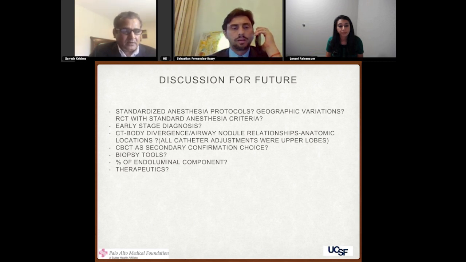Did we actually make early stage diagnosis that needs to be further validated and looked at with larger numbers and other studies? What else can we do to decrease CT to body divergence and airway to nodule relationship changes other than adjusting for the driving force and using standard anesthesia criteria? Is CBCT emerging as the standard secondary confirmation tool?